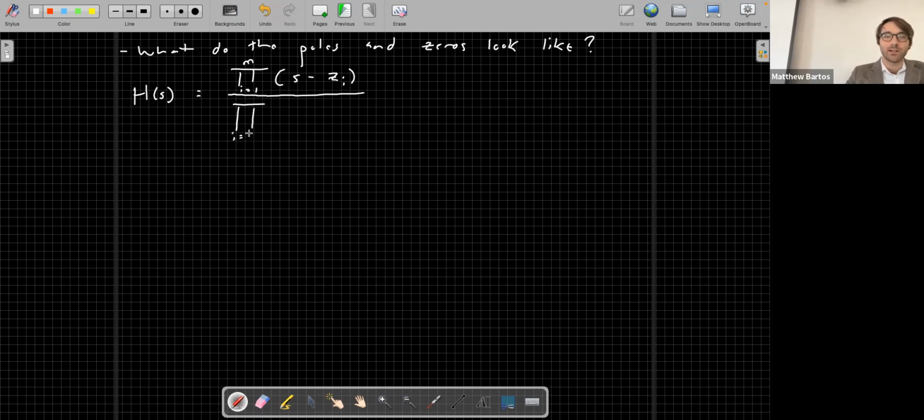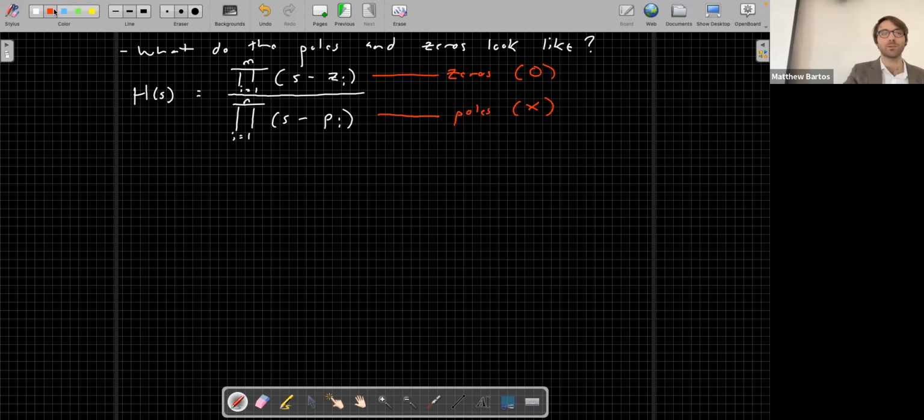On the denominator, we have the product from i equals 1 through n, as in November, of s minus p_i. So on the numerator, we have the product of the zeros, which I'm going to denote as O. And on the denominator, we have the product of the poles, which I'm going to denote as X.